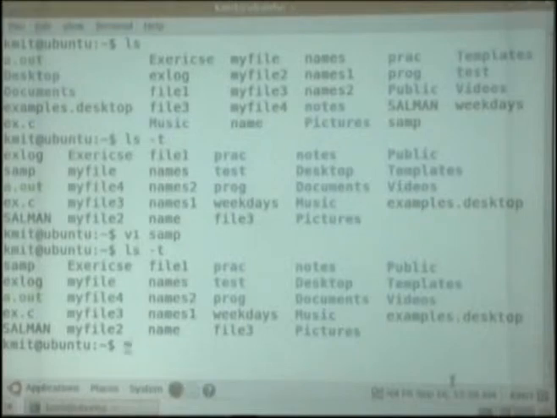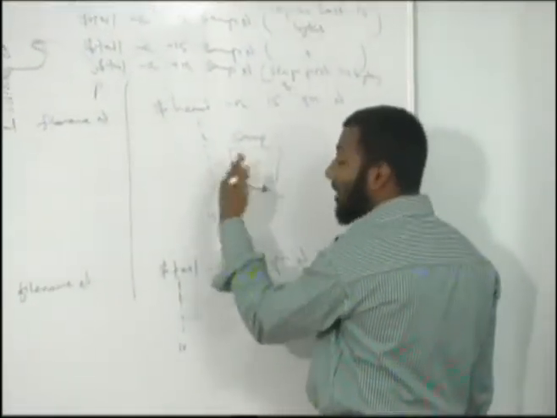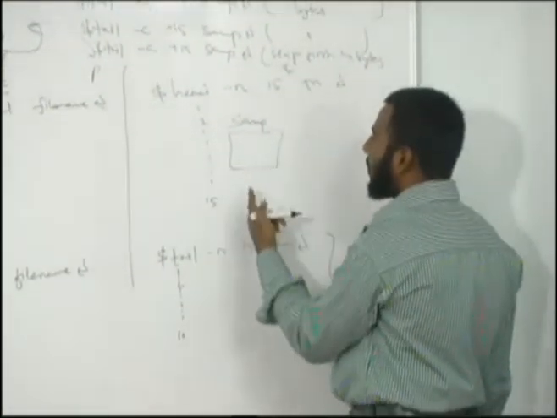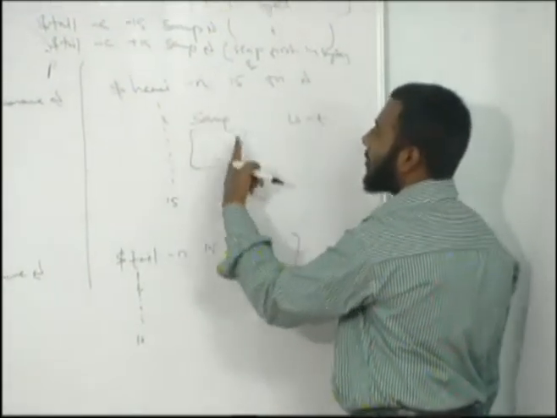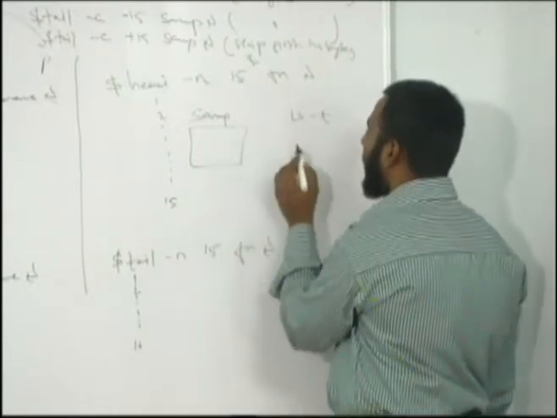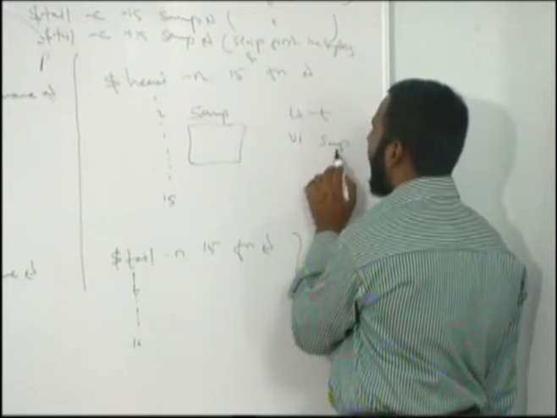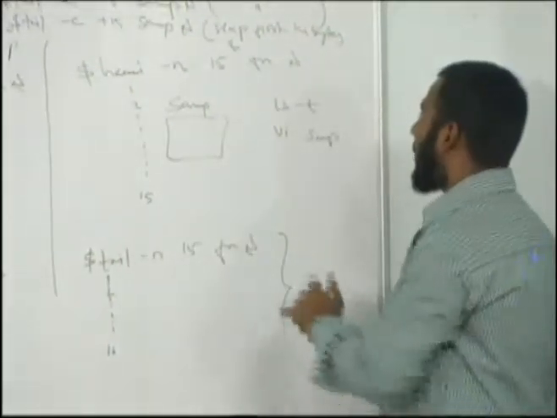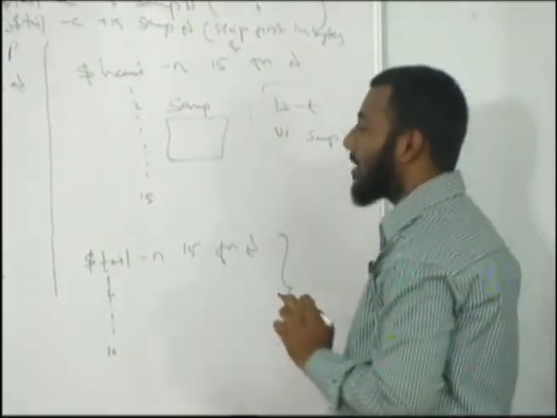Suppose SAMP is the last modified file and I want to modify it. First I have to find it out with ls option T, then use the VI command to get into SAMP. How can I combine these two things? I can combine them in a single command with the help of a pipe.